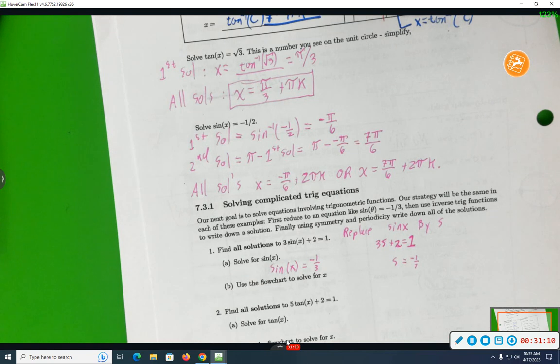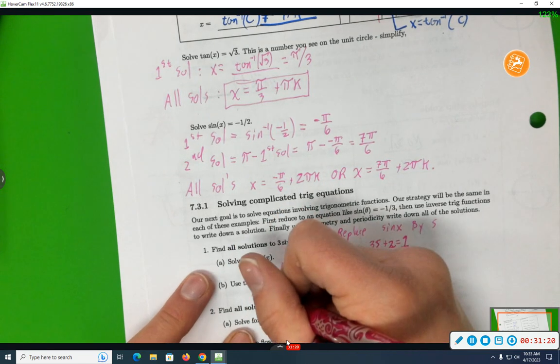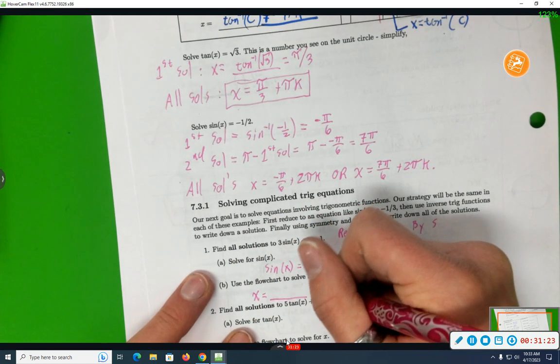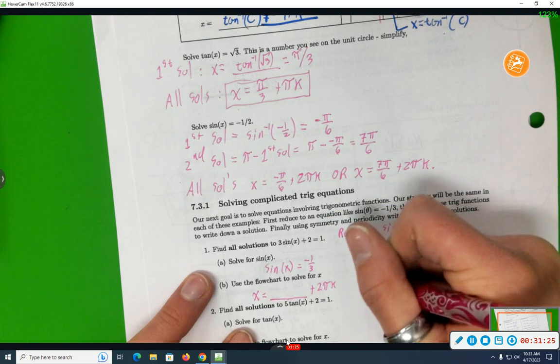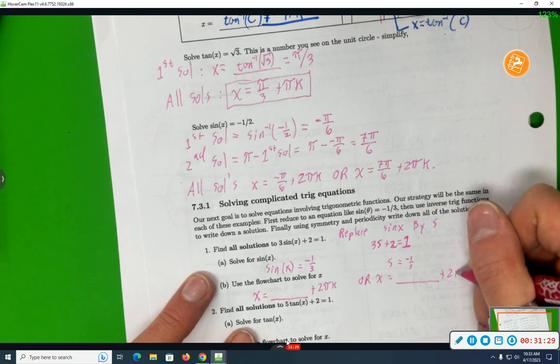Nice. This equation is now in the form sine of x is equal to a number. I have instructions that tell me how to solve that. By the table on the previous page, I'll get x equals something plus 2 pi k, or x equals something plus 2 pi k.